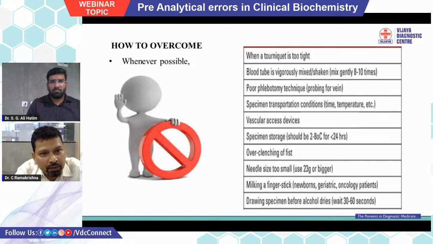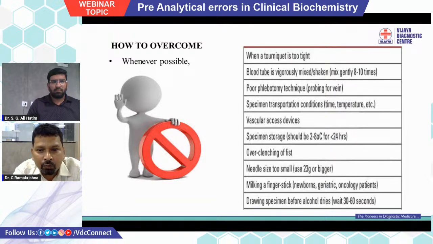And whenever you clean the local area with an alcohol swab, you need to wait for 30 to say 60 seconds for the alcohol to dry. Then only you need to give the prick, so that there will not be any lysis.